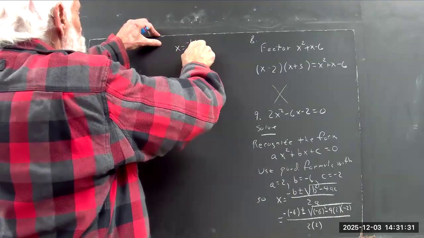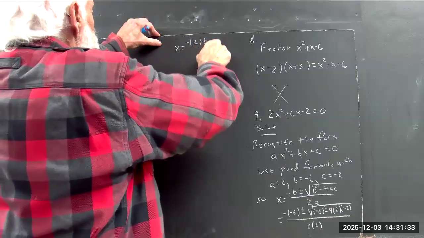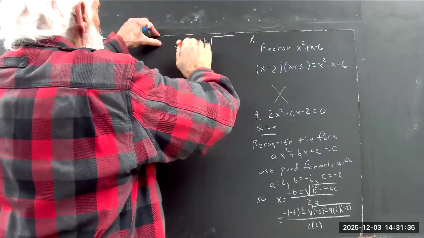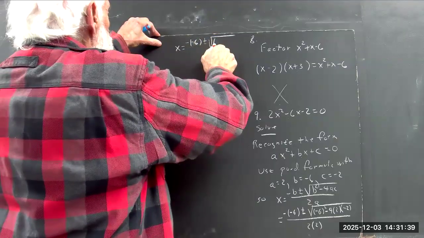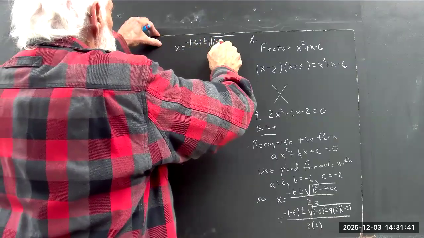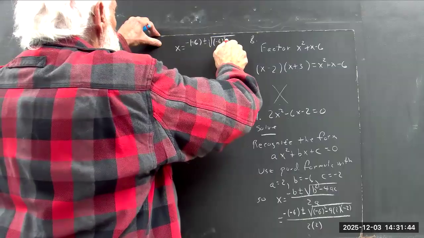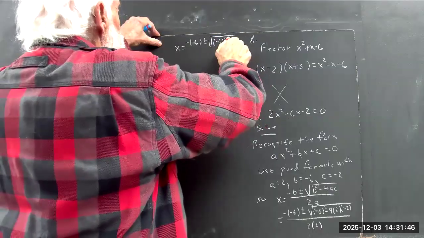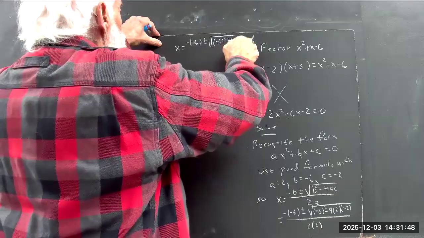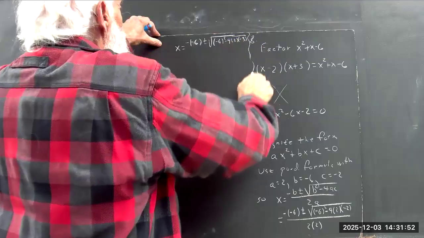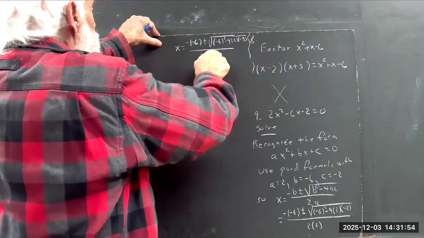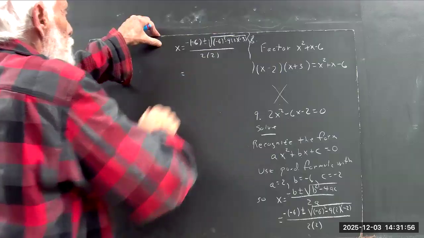It's negative of -6 plus or minus square root of -6 squared minus 4 times 2 times -2, all divided by 2 times 2. What are the numbers?